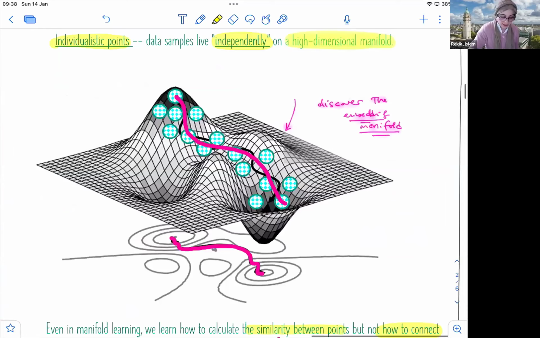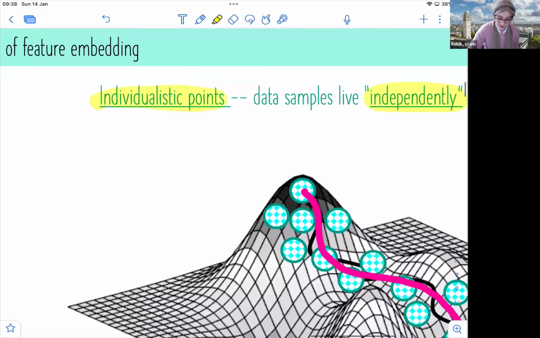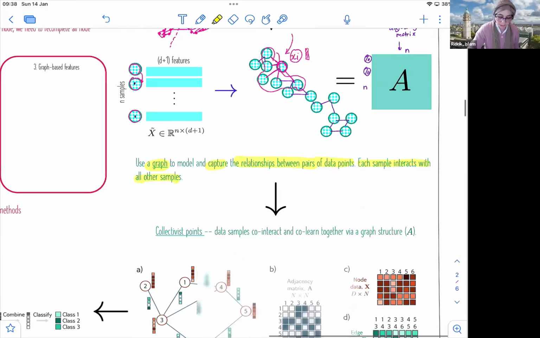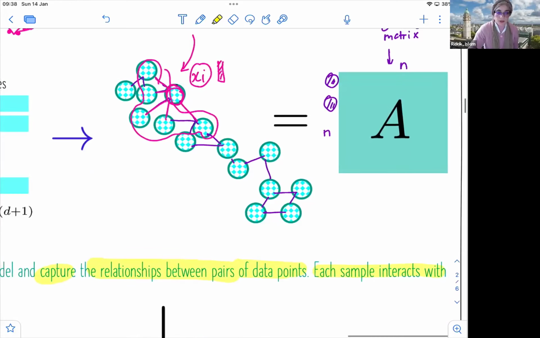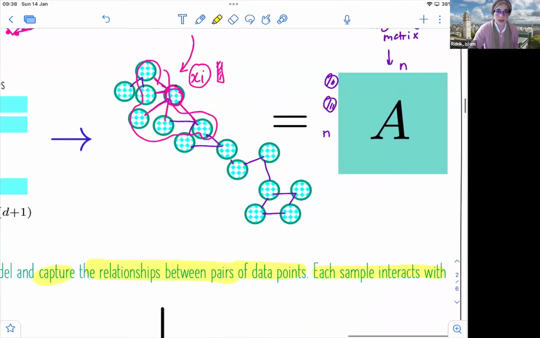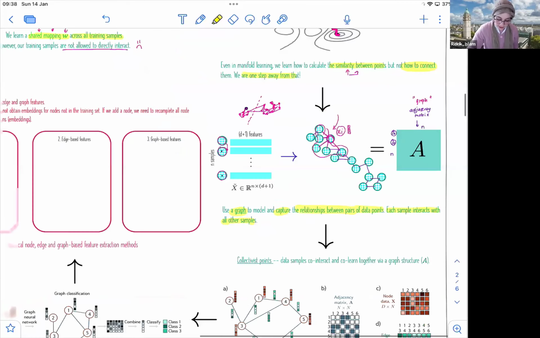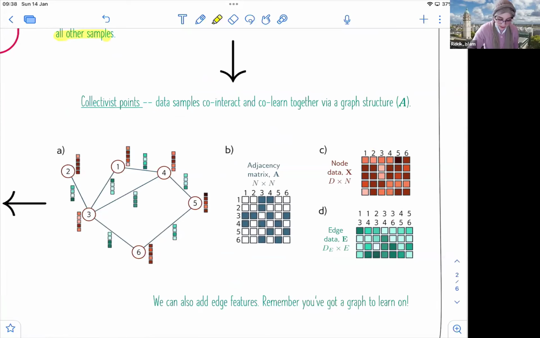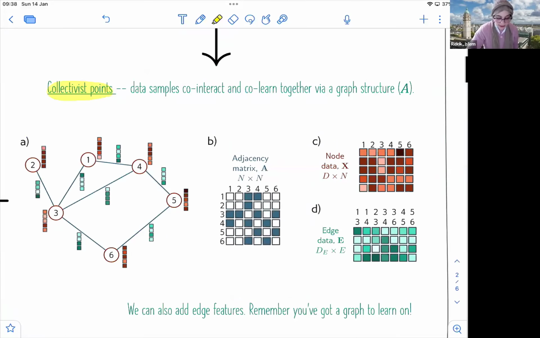The first learning paradigm uses individualistic points, and in the second learning paradigm we define a graph that encodes, represents, or models the interaction weights and strength between different data samples. Now we move to the collectivist learning paradigm, where we have collectivist points, and data points co-interact, they co-learn together via this graph structure matrix A.